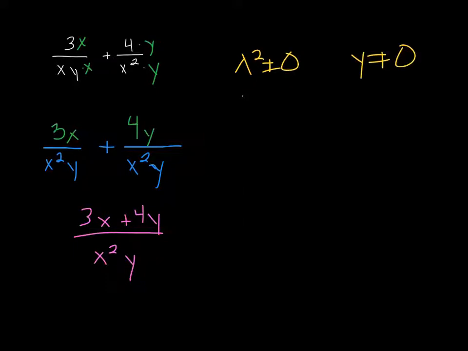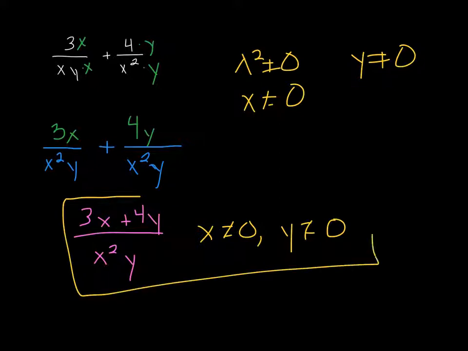And the square root of x squared is just x, so x cannot equal 0. So 3x plus 4y over x squared y, and then x cannot equal 0, y cannot equal 0.